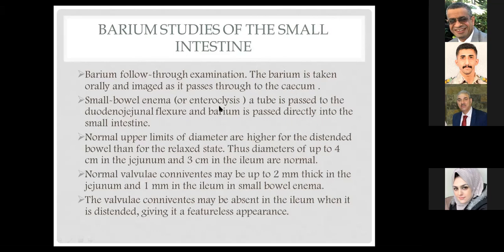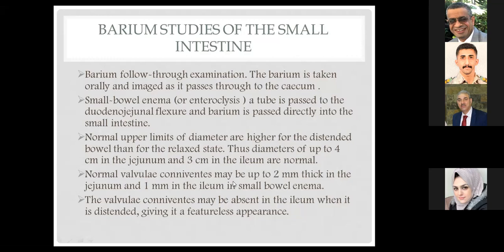In the small bowel enema, a tube is passed to the duodenal flexure and the barium is passed directly into the small intestine. The normal upper limits of diameter are higher for the distended bowel than for the lax state. Thus, a diameter up to 4 centimeters in the jejunum and up to 3 centimeters in the ileum is normal.